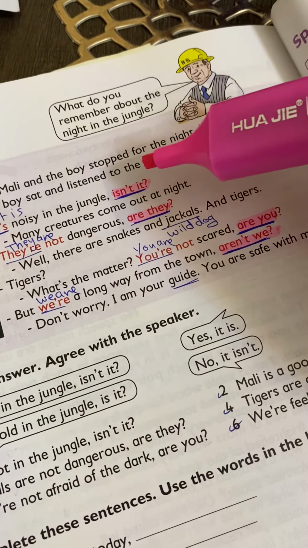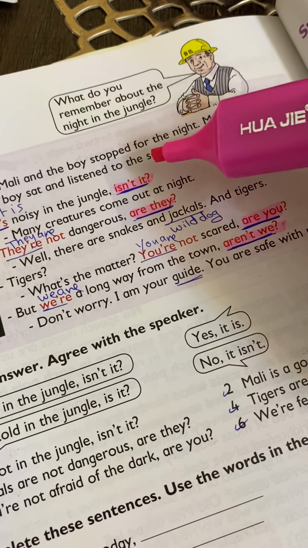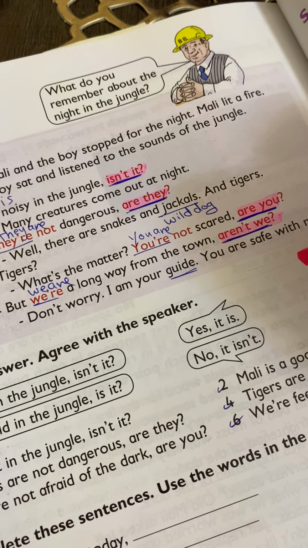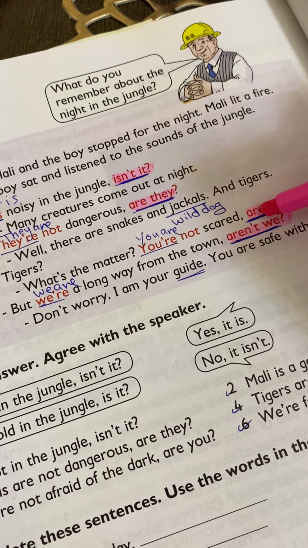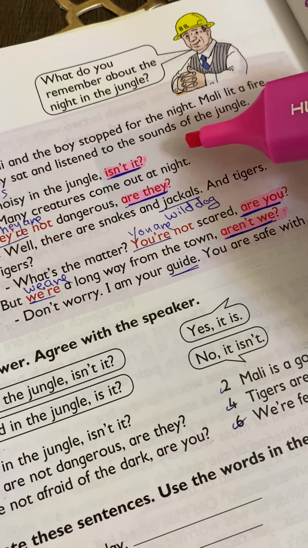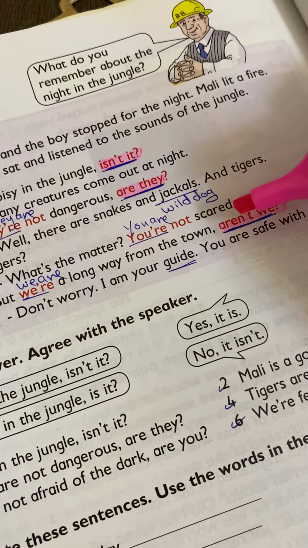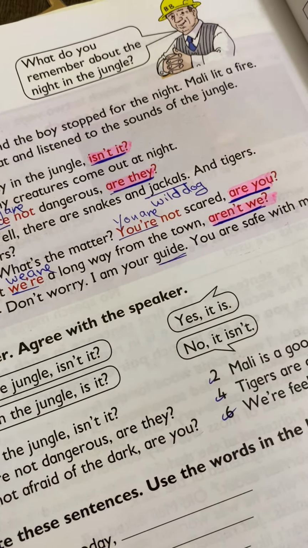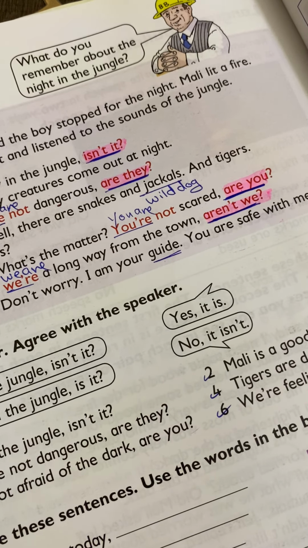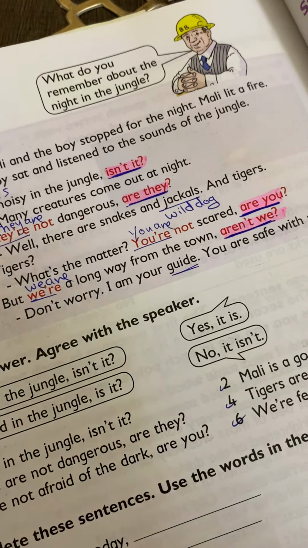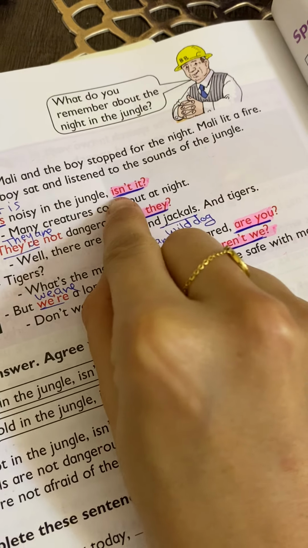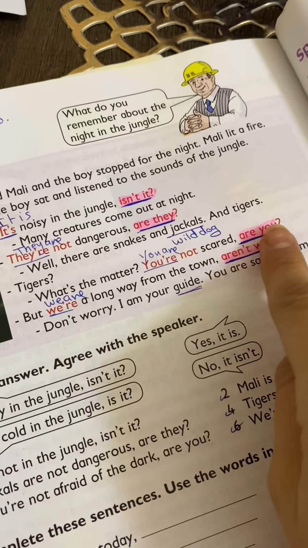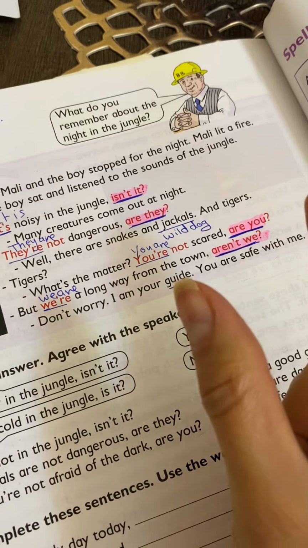Look, teacher, at the underlined questions. These questions are question tags. So, can you tell me what is the meaning of a question tag?